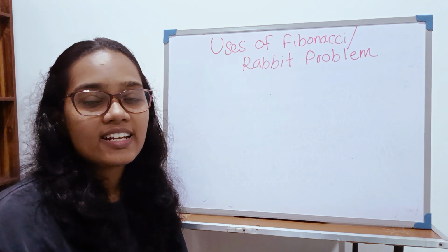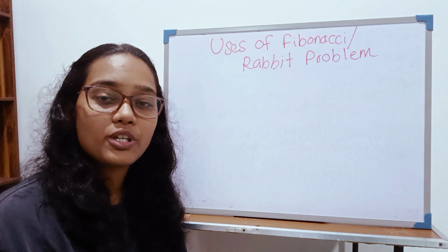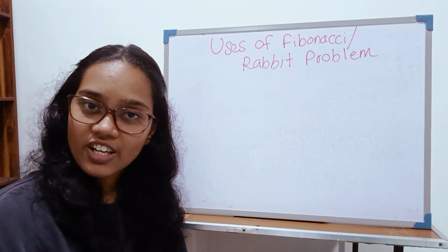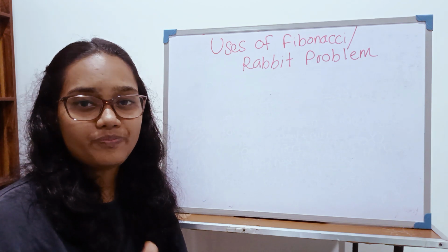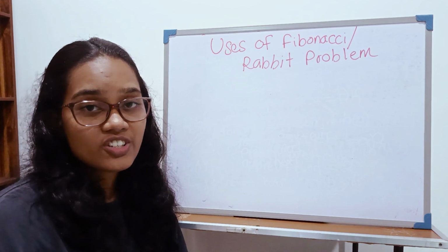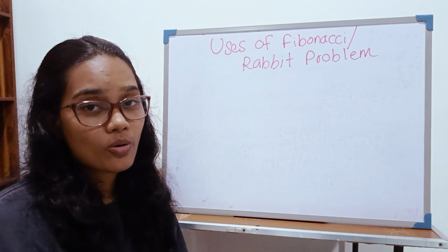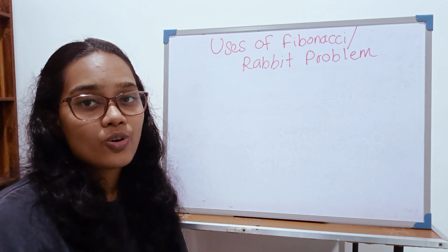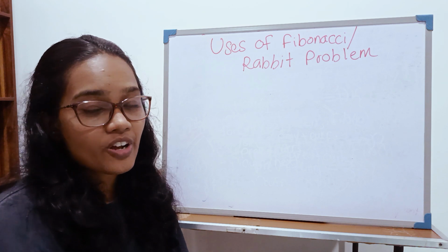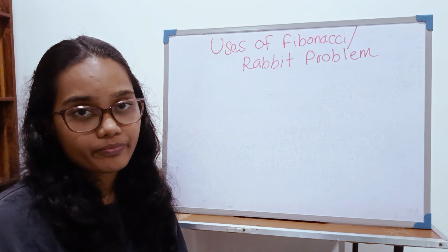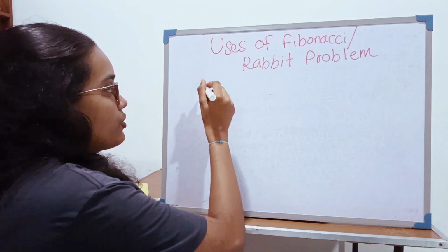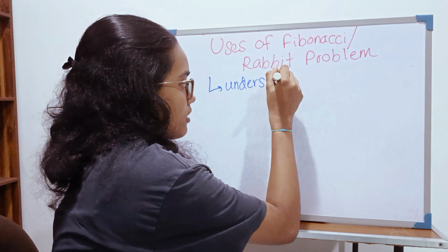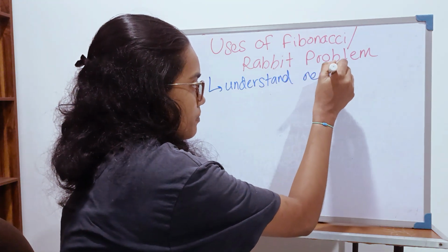Firstly, we can say that the Fibonacci sequence can be used to understand recursion, like how a function can call itself, and this recursion is a very common concept used in tree traversals or factorials, etc. So we can use it to understand recursion.